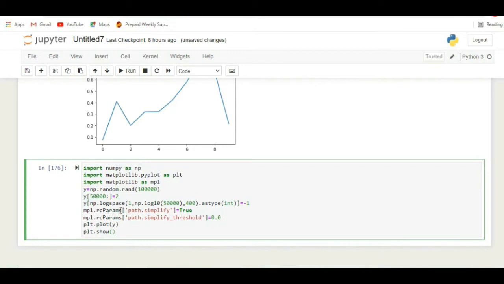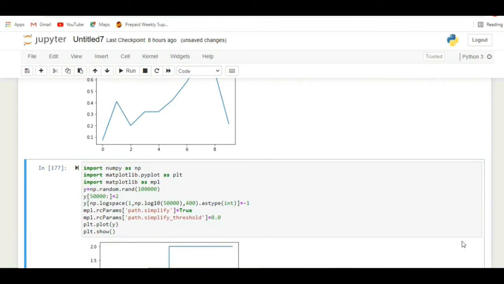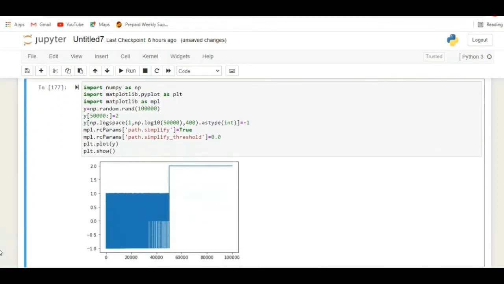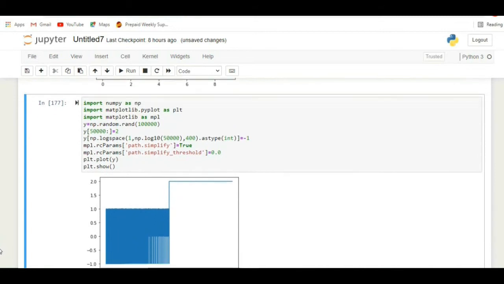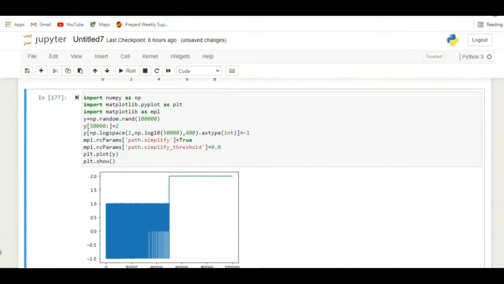Now we check, yes, this is the graph, this is the result of the above code. On the y-axis it is 1, and on the x-axis it is between 50,000.